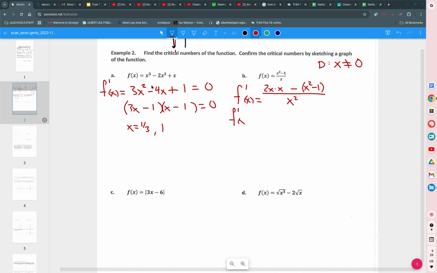And so f prime of x is equal to 2x squared minus x squared plus 1, all over x squared. 2x squared minus x squared is 1x squared plus 1 over x squared. And so I ask you, when is the top equal to 0?